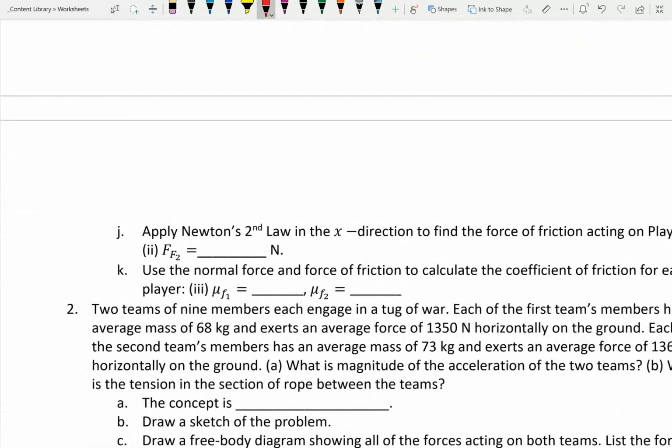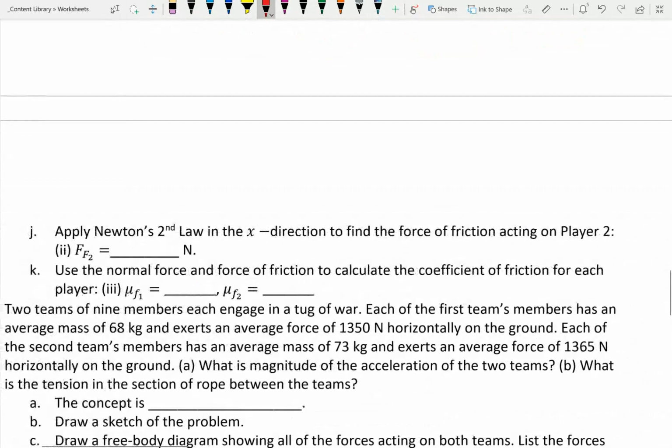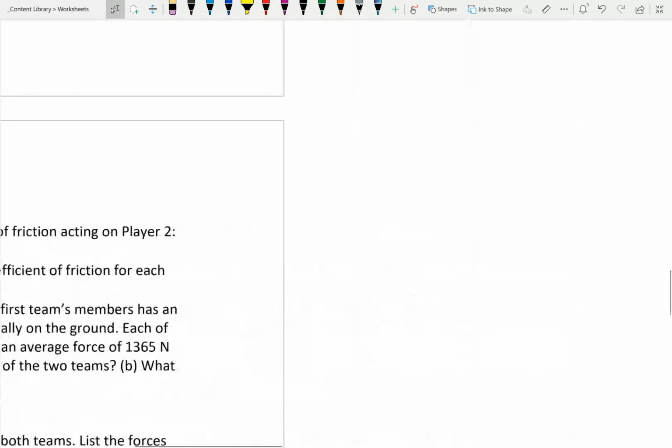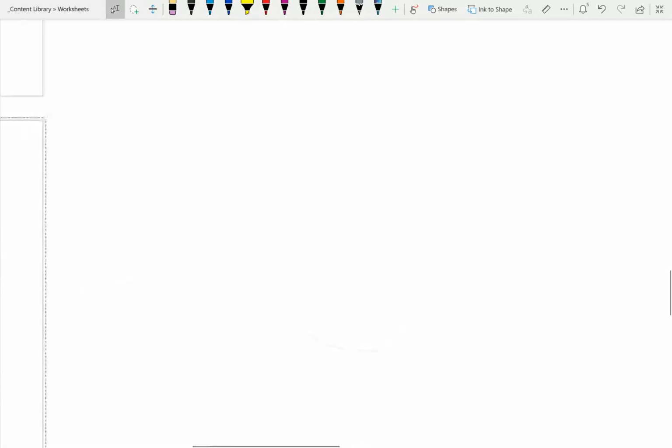And applying Newton's second law in the x direction to find the force of friction acting on the player, well, we already calculated it, and we got, where did we get it? We got 921, whereas my work before was different.